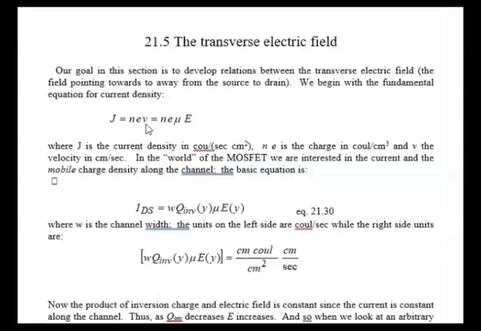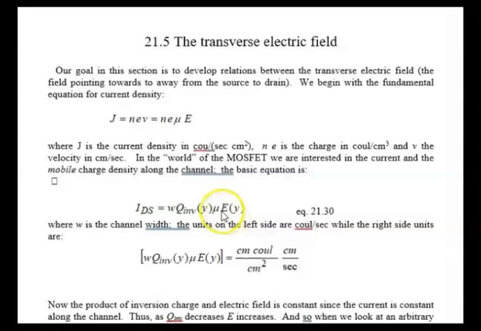The velocity, we assume, is equal to the mobility multiplied by the electric field. So there's a linear relationship between the electron velocity and the electric field. This is the guy that we're going to be inspecting and analyzing in this session. It is a function of the transverse position along the channel, source, drain. As we vary from source to drain, the electric field will also vary.